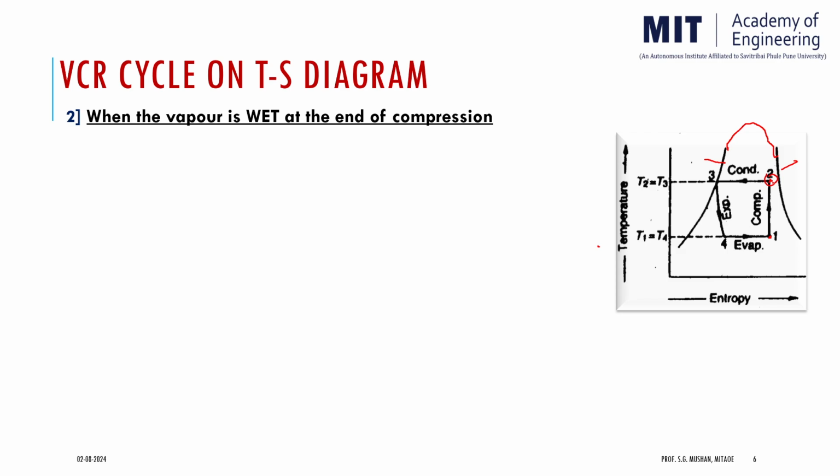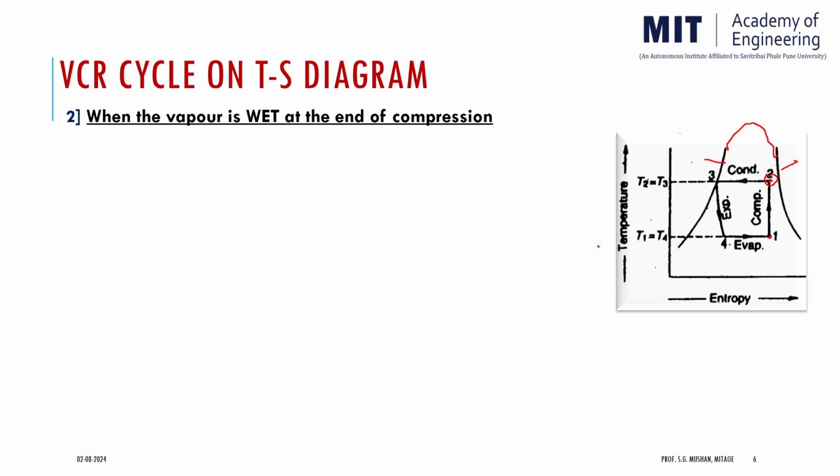From this point, the condensation process takes place, and it will condense till saturated liquid state at constant pressure and temperature. That is why we draw the horizontal line from 2 to 3, till it cuts the saturated liquid curve.